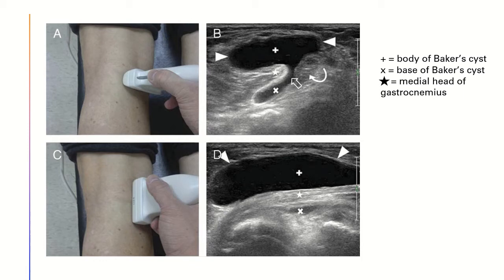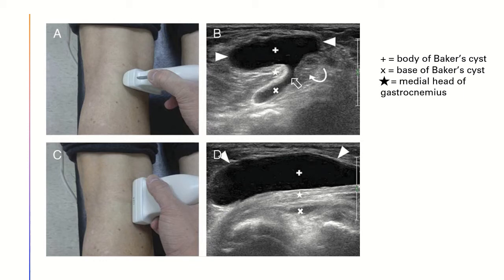And the open arrowhead right here is really crucial for a Baker's cyst diagnosis because it is the fluid-filled neck, and that's the pathway into the cyst from the knee joint cavity. And so that is really important when diagnosing a Baker's cyst.